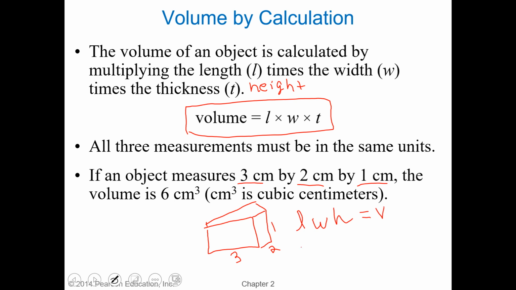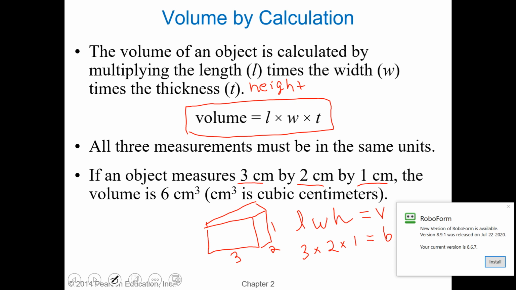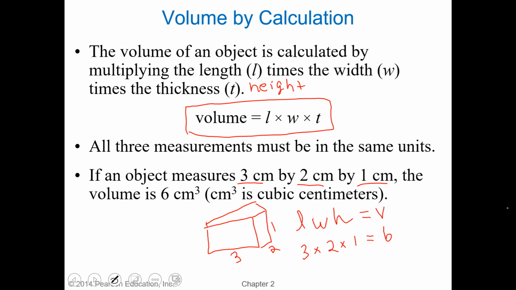So we could simply say 3 times 2 times 1 equals 6. But remember, just like with our x's, x squared times x squared times x squared is x cubed, as are the centimeters.